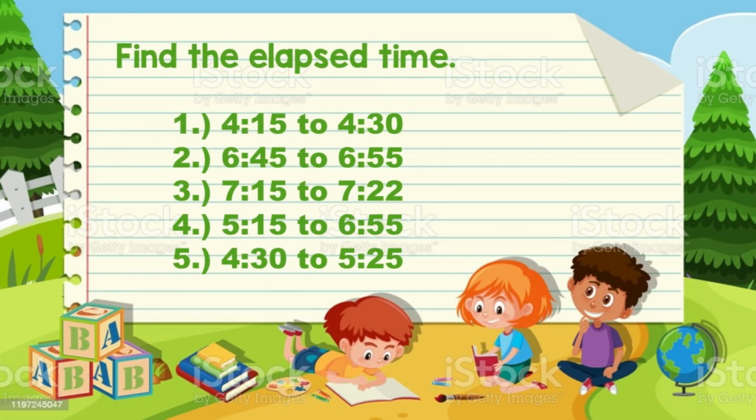Alright, kids, I want you to find the elapsed time. Number 1, 4:15 to 4:30. Number 2, 6:45 to 6:55. Number 3, 7:15 to 7:22.